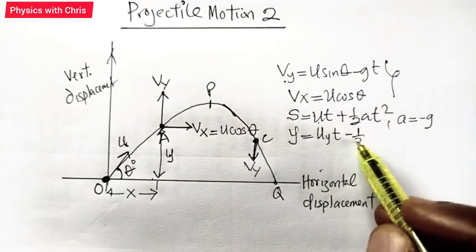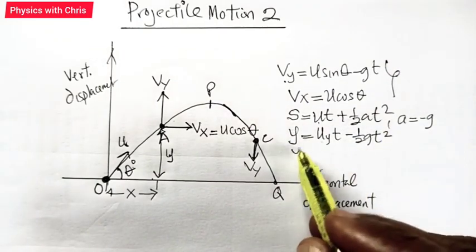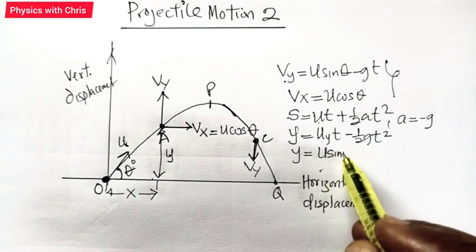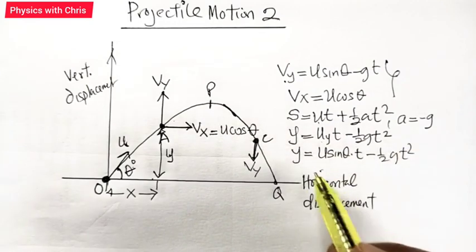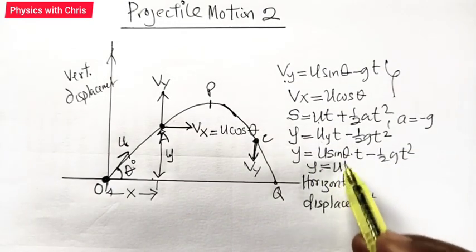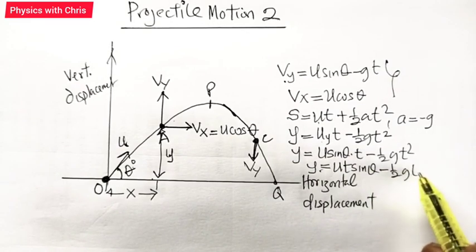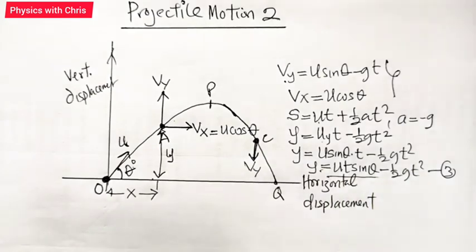Now recall what we said in the last video, that uy is u sine theta. So my y equals ut sine theta minus half gt squared. Call this equation 3.